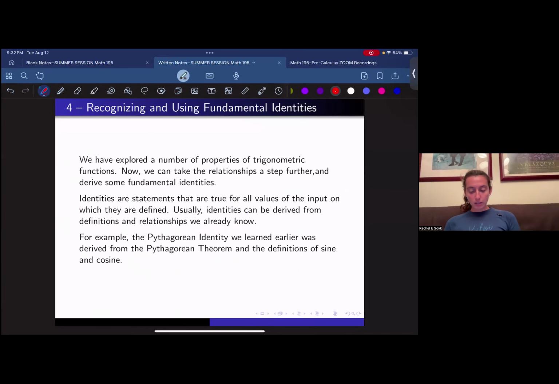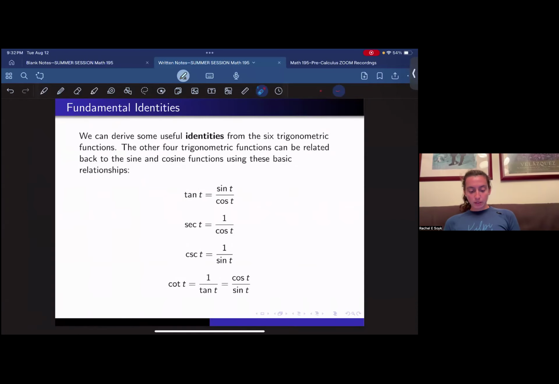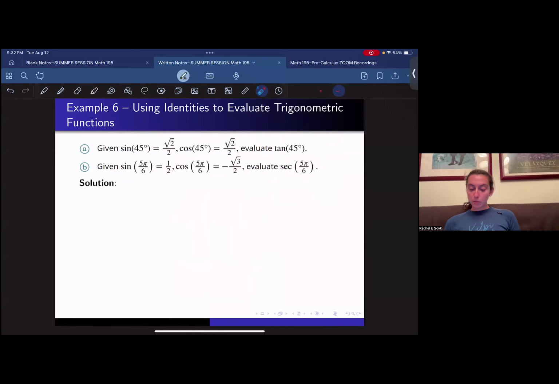Our fourth objective is recognizing and using our fundamental identities. And so again, tangent, secant, cosecant, and cotangent in terms of sine and cosine are the following. We are very good with this at this point. And so let's do one more bit of practice before we get into some more Pythagorean identities.